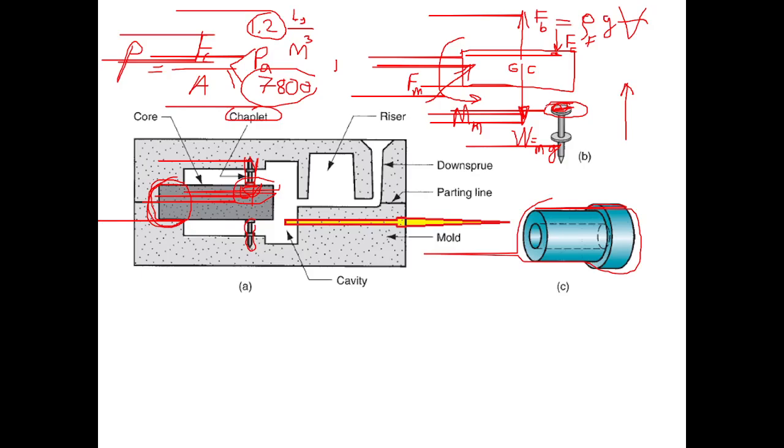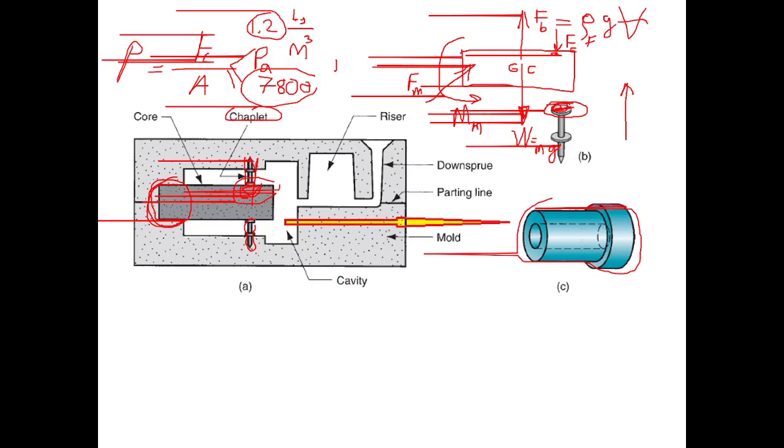Dealing with this part of the design is out of the content of 202, because dealing with the strength of the core material and the strength of the mold material are in the content of the strength of materials course. It is in another course in engineering curricula for second year students. But in this course, be able to calculate the force applied by the chaplets.